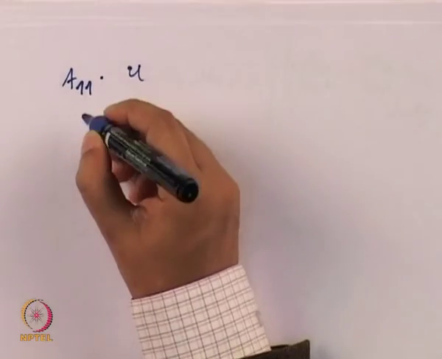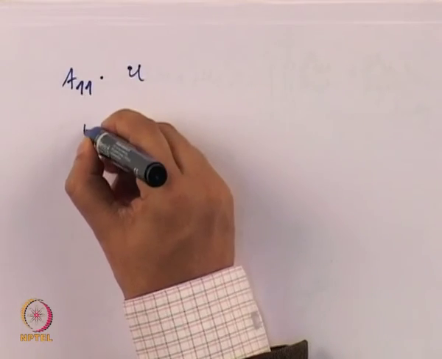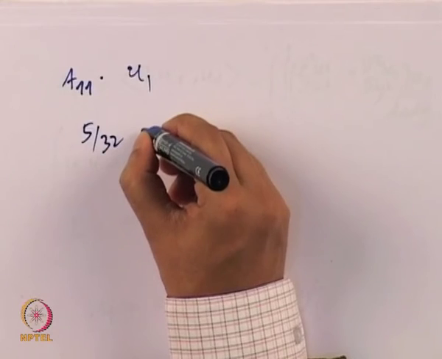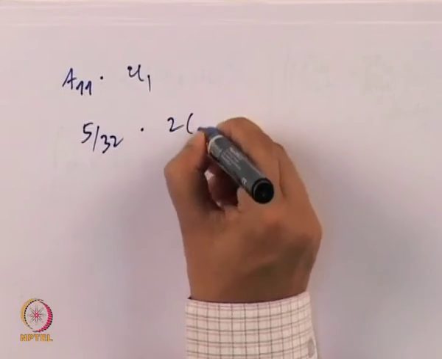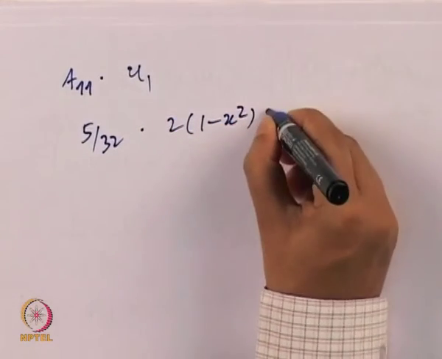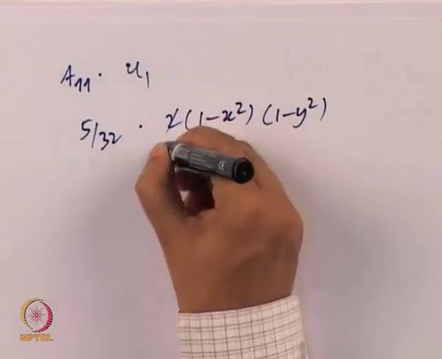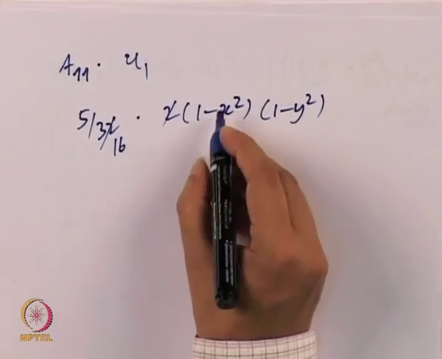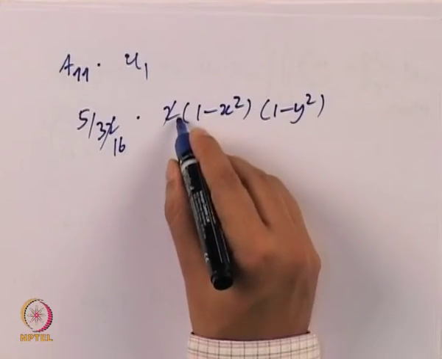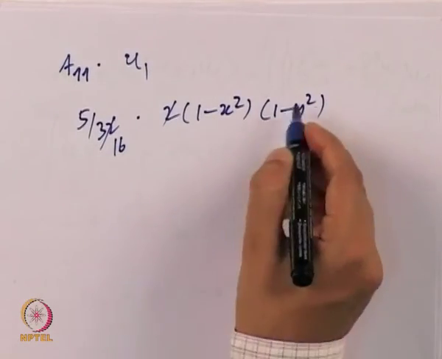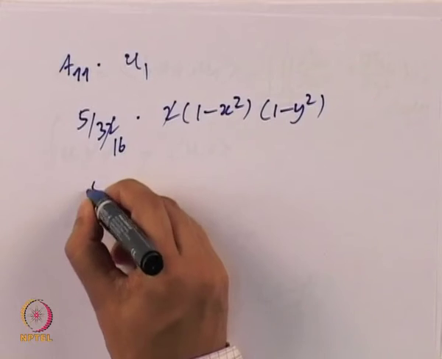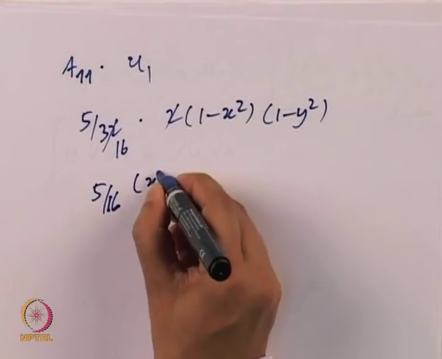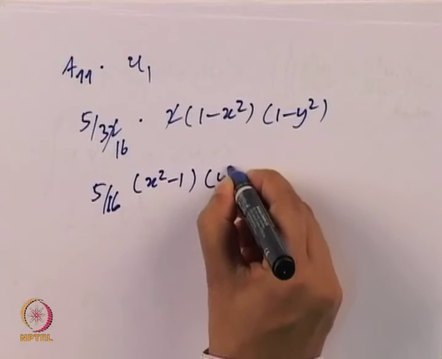So here the value of a11 is going to be 5 by 32, and u1 is going to be the value that we have, which is 2 multiplied by 1 minus x square, 1 minus y square. So 2 and 32 goes away, it becomes 5 by 16, and if we swap it to x square minus 1 there will be a minus sign, and this minus sign goes here, and then we swap it one more time, it gets cancelled. So we will get 5 by 16 x square minus 1 y square minus 1.